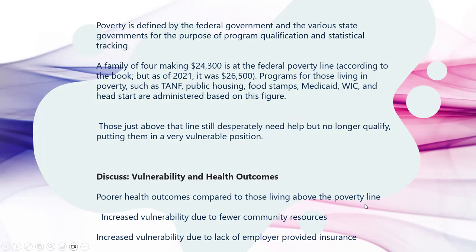You usually have those poor health outcomes because they're just above, and however much more disqualifies me for these resources. Yeah, I'm above the poverty line, but with this extra money that I have, am I going to pay for this doctor's visit, or am I going to put the next meal on my family's table? As a result, I'm not going to that doctor's visit. So my health outcomes are poor.